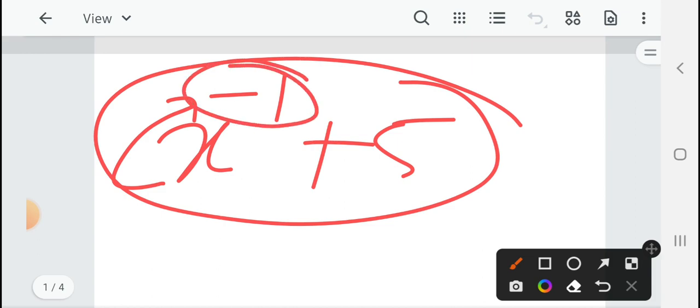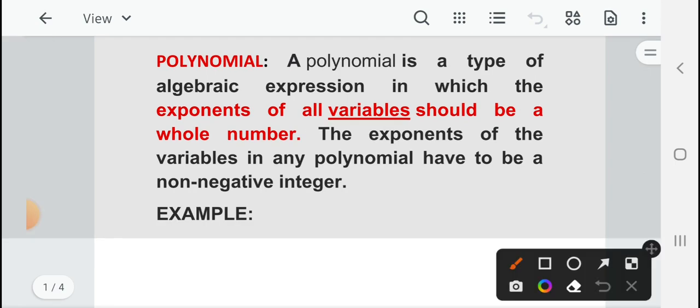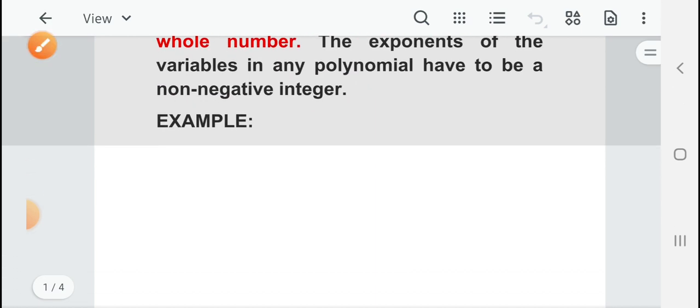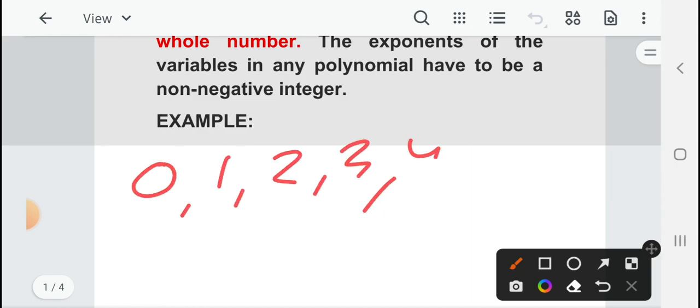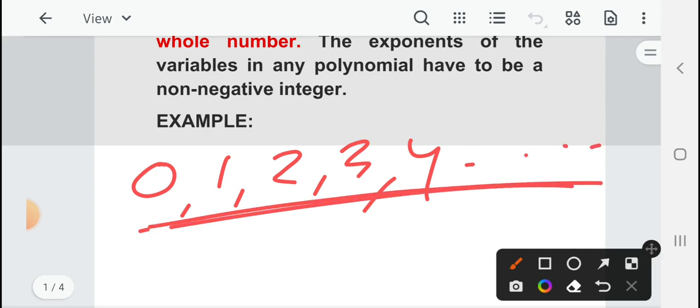which is a negative integer, and in the polynomial case the degrees should always be whole numbers, or we can say non-negative integers. That means when the variable has degree 0, 1, 2, 3, 4, this kind of numbers only, we can say that it is a polynomial.